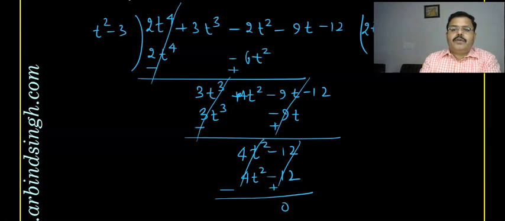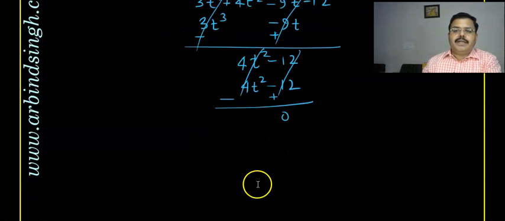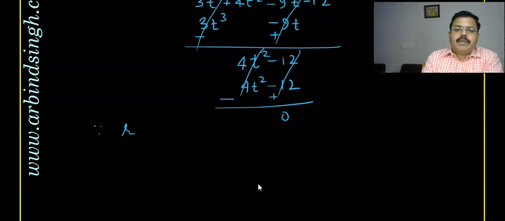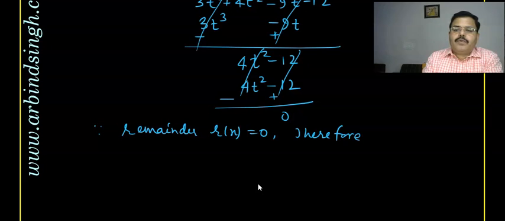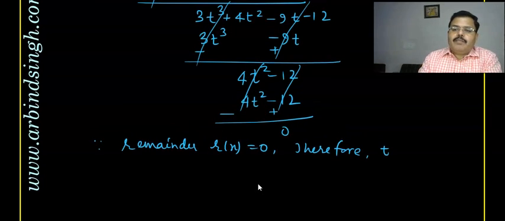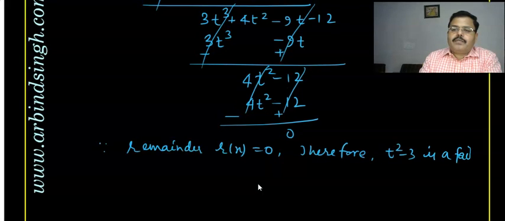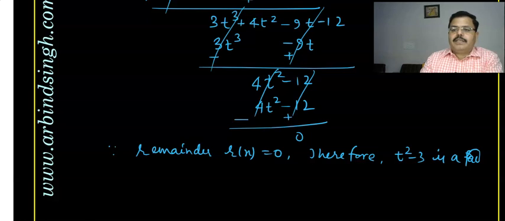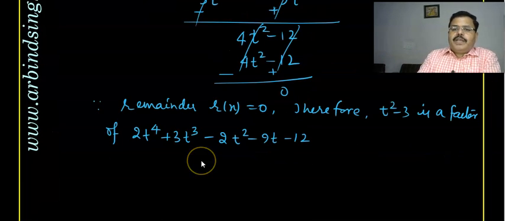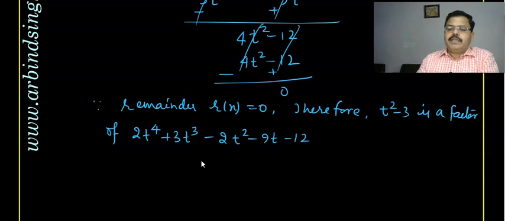So indeed, we can say that since the remainder is 0, and therefore we can say that t square minus 3 is a factor of 2t4 plus 3t cube minus 2t square minus 9t minus 12.